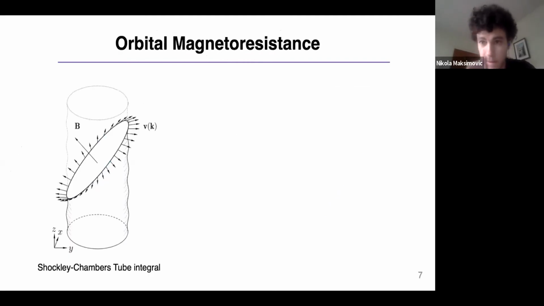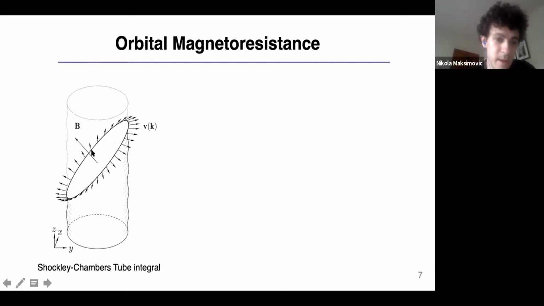Okay, so let me describe orbital magnetoresistance and then one simple change that you can make to this model to see H linear magnetoresistance over an extended field range. The typical way to understand magnetoresistance, at least in what's called the relaxation time approximation, is you apply an electric field to the Fermi surface.